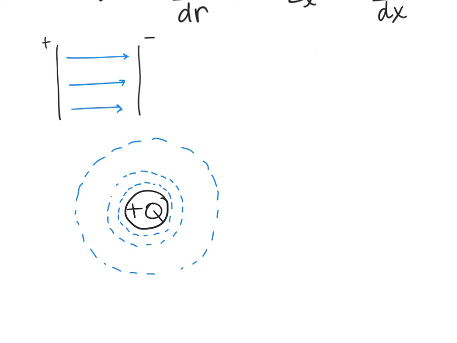And electric field lines run from positive to negative, perpendicular to those equipotential lines. So in this case, the spherical symmetry allows us to determine the electric field strength as being negative dV, and in this case the dr is representing a radial component. So if we are looking at positions like this right here, our dr is a little bit of the radius there.